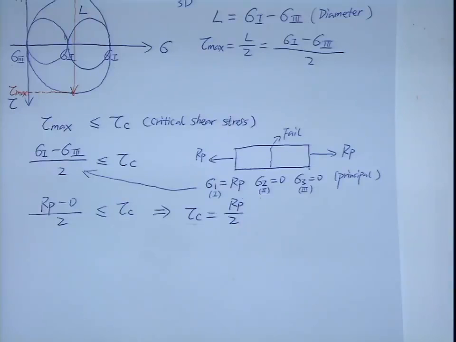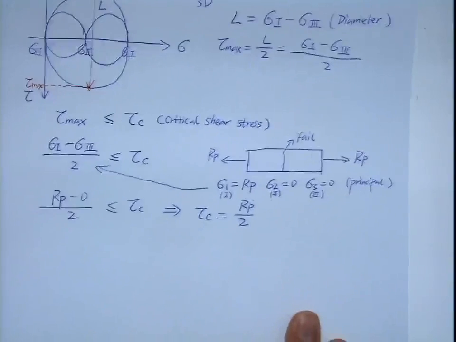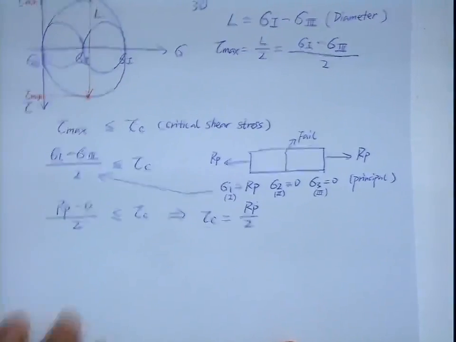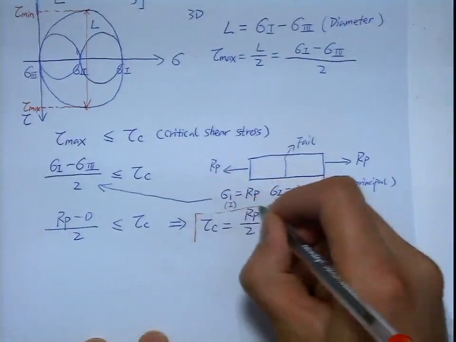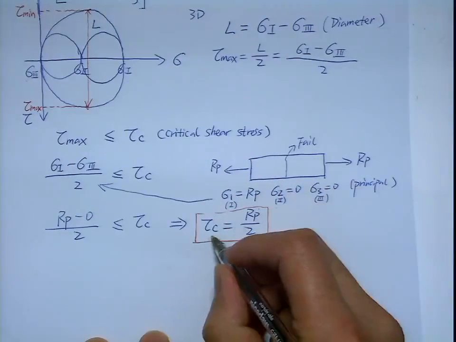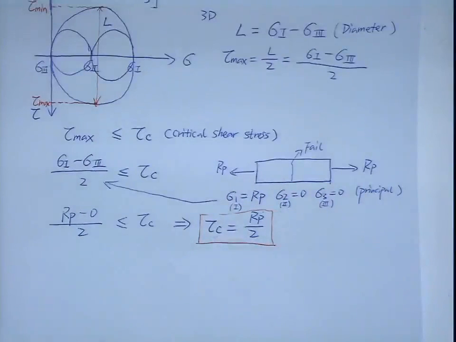Sigma 3 should be 0 because it's a uniaxial test. There's no loading in the sigma 3 direction. Okay? So that basically gives you the relation between your critical shear stress and your measured yield strength.